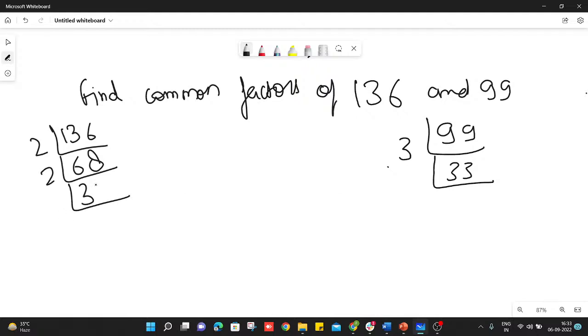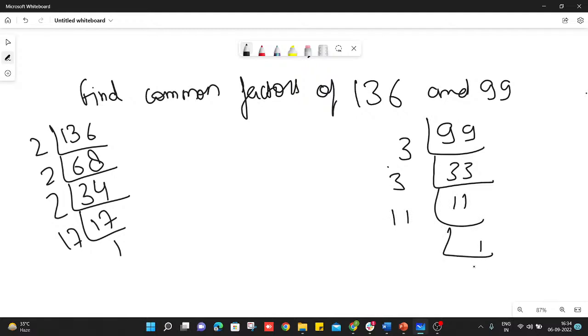Again it's an odd number. So what we see here is that the only common factor between 136 and 99 is 1, because 3 times 3 times 11 is 99, and 2 times 2 times 2 times 17 is 136. So that's the situation here.